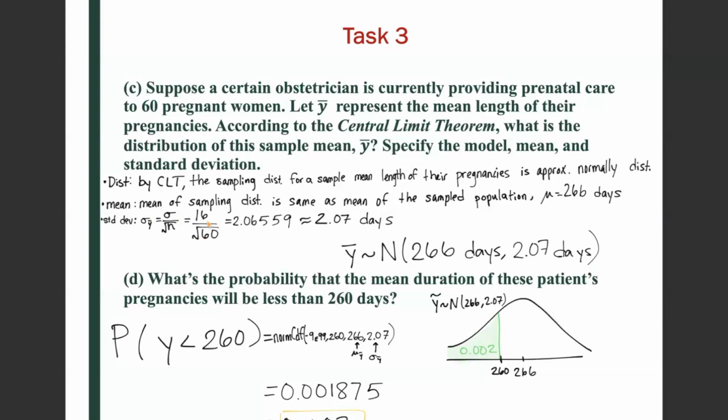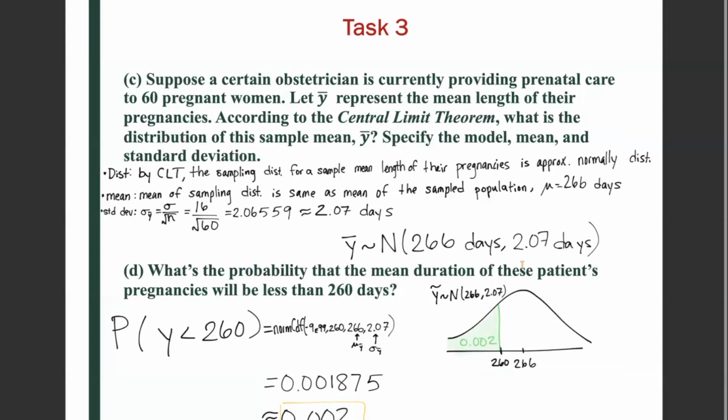So that's going to be 16 divided by the square root of 60, which is 2.06559 or 2.07 days. So to rewrite it, the distribution of Y bar follows a normal distribution with mean 266 days and standard deviation 2.07 days.